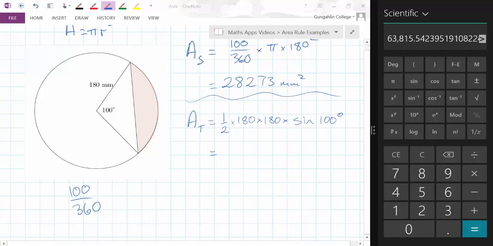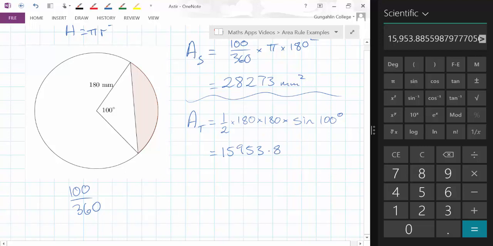And it gives me this number, which is far too big. I'm going to do that again, and I'm going to start with sine, times 180 times 180 divided by 2. Okay, that's much better. So that's just something to be aware of. Make sure you know how to drive your calculator. Obviously, I'm not very good with this one because it's not my usual calculator.